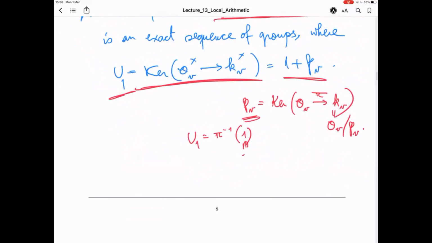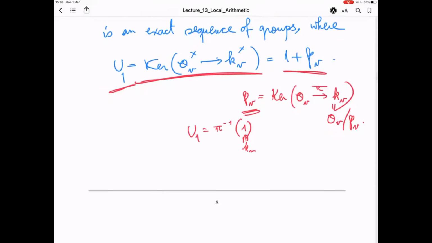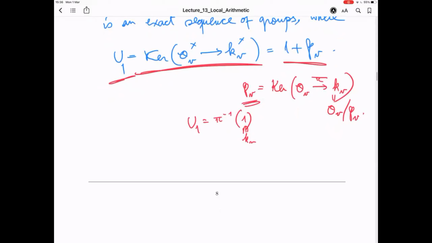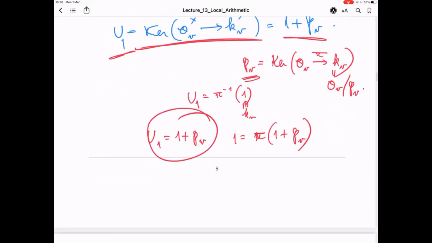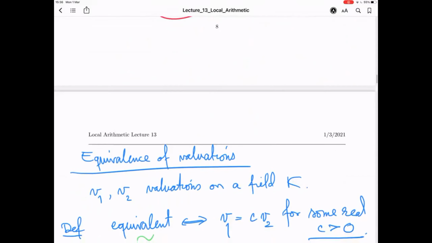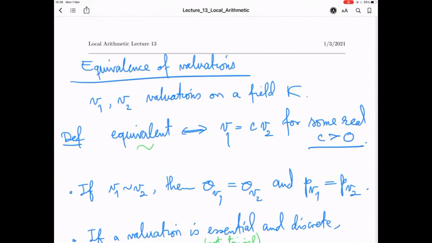This element is pi of 1 plus PV. So sometimes you write U1 as 1 plus PV. Okay. So we come to the notion of the equivalence of two valuations on the same field K.